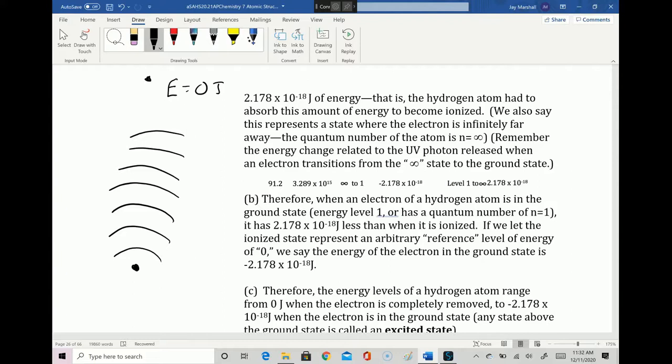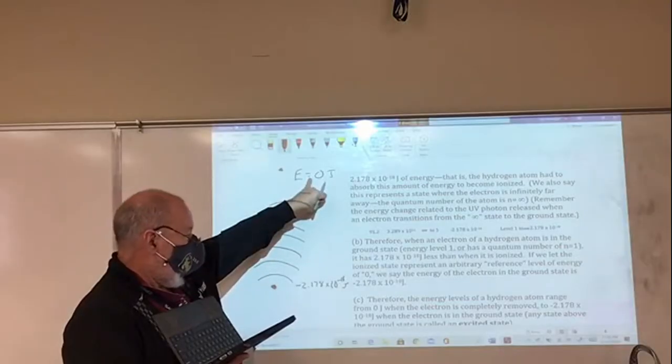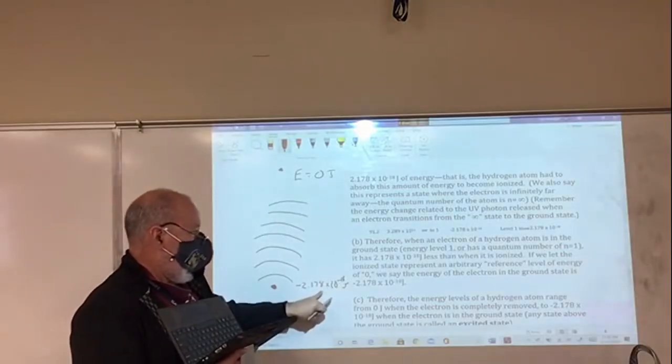If I get into this energy level, I have a little bit less than 0. I've got an absolute value of number less than this energy here. I lose a little bit more energy, and I've got a little bit more less than 0. Finally, I get down here, and I have negative 2.178 times 10 to the negative 18th joules. I have this much energy less than I had when I was out here.